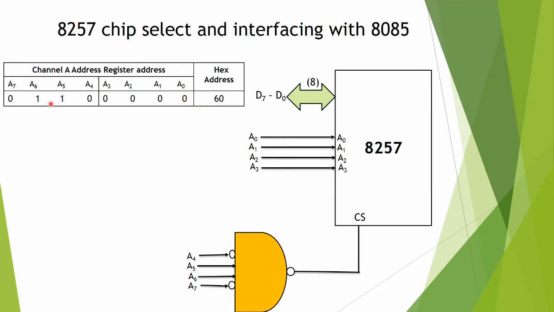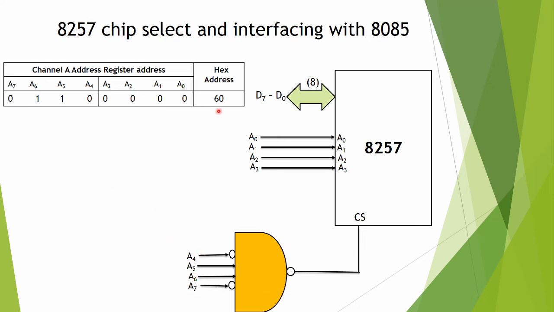So 60H stands for 0110 0000. So A4 to A7 are 0110. A4 is 0, that is why we are showing a bubble over here, and A7 is 0, that is why there is a bubble over here, and A5 and A6 are not 0, that is why we are not showing a bubble. They are 1 1.